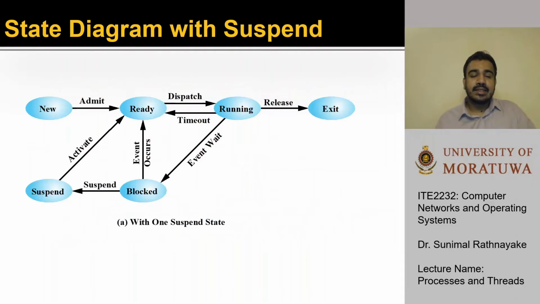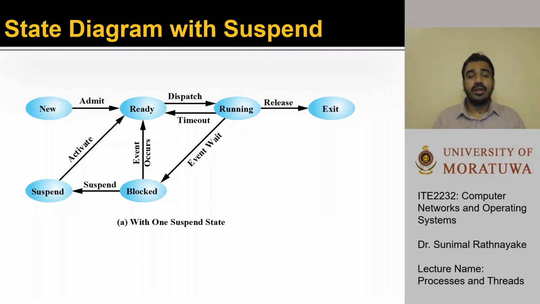So in that case, we have a new state called the suspend state. You can see when a process is blocked, it can also go to the suspend state due to certain events or situations. In the case where we don't have any ready state processes to run on the processor for a long time, the operating system can push out some blocked process to the disk.